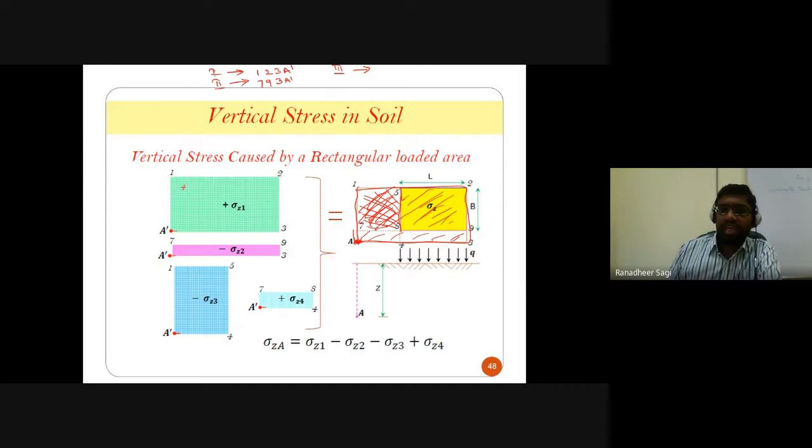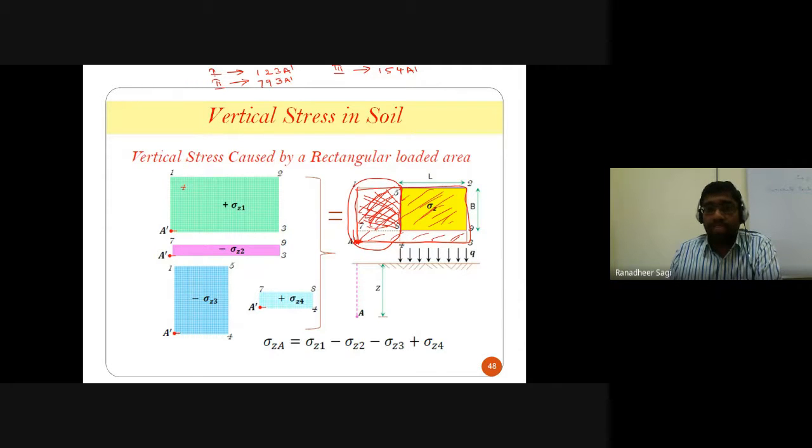No. Then what am I going to do? For section 3, rather than considering the region between the points 1, 5, 8 and 7, I am going to consider it like this: 1, 5, 4 and A dash. 1, 5, 4 and A dash means this region is what I am considering.